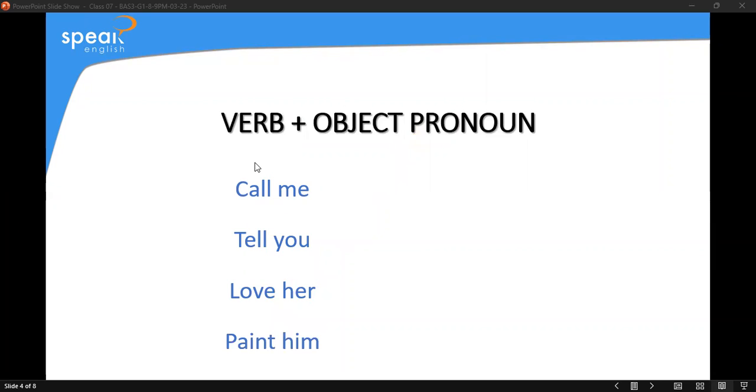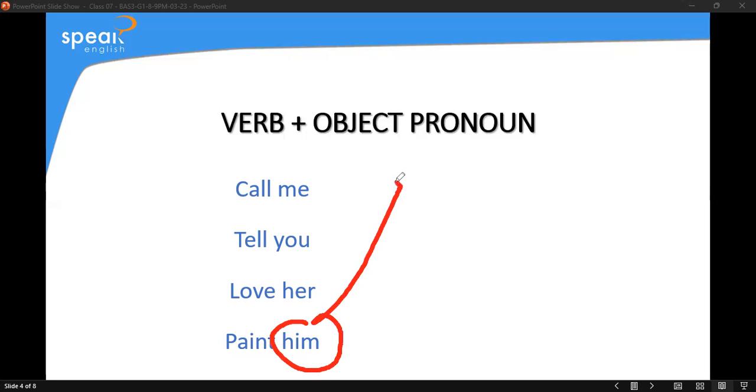Can you help me with this one, Ingrid? Find butter. The last one? Just read the information. Again, please. Okay, so what is the verb? Find. And the object pronoun?